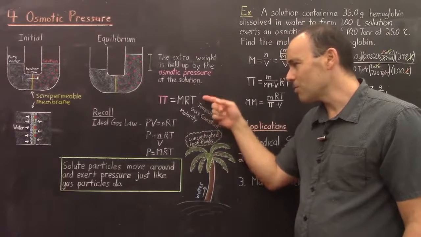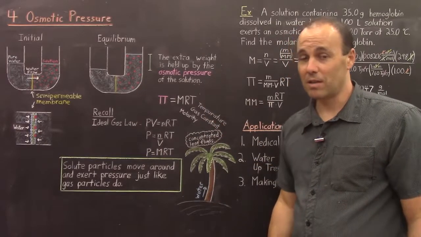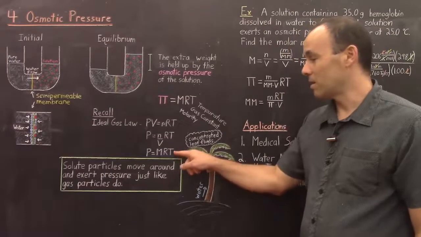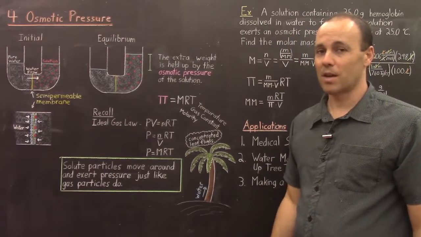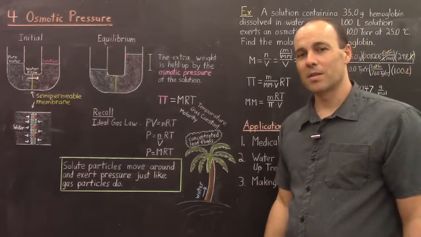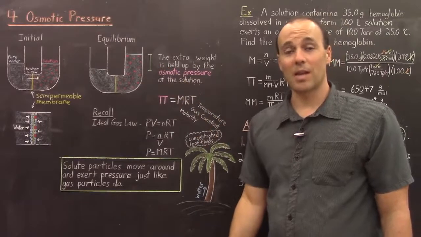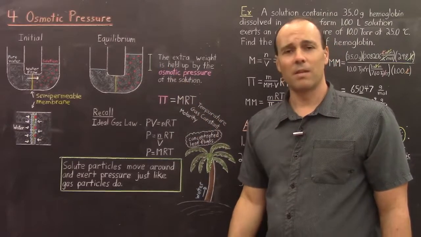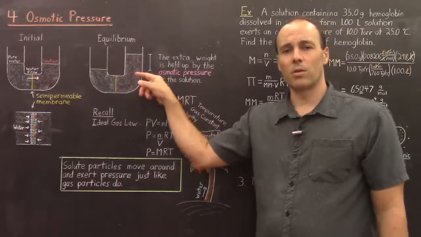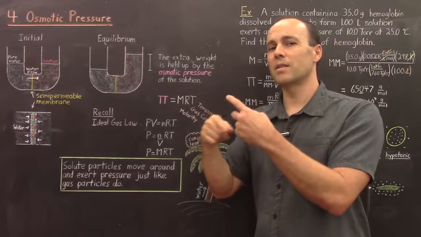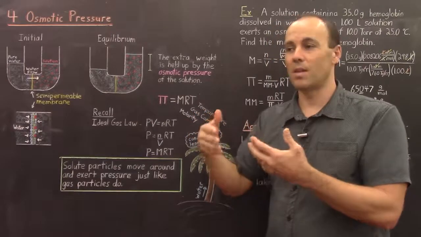So it's very interesting how the pressure of a solution is calculated using the same equation as the pressure of an ideal gas. And it's not really a coincidence either. What it's telling us is that solute particles behave very similarly to gas particles. In fact, it has been shown that solute particles move around with similar velocities inside of a solution as gas particles do in the air.